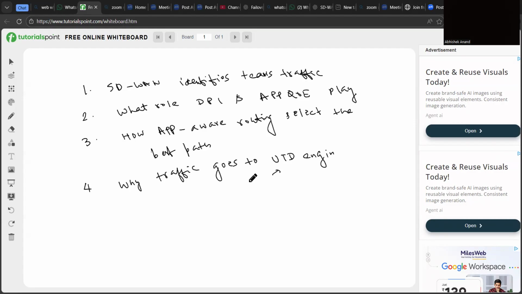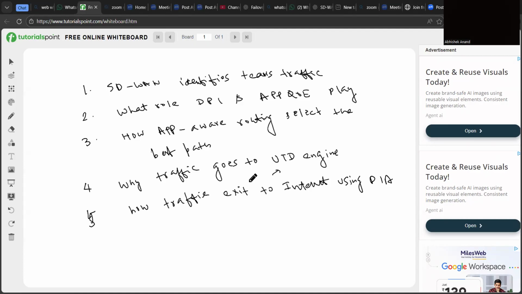I will make a separate topic on UTD, but now I will explain why traffic goes to the UTD engine. And fifth point, finally, we will discuss how traffic exits to the internet. So these 5 points I will discuss using DIA.